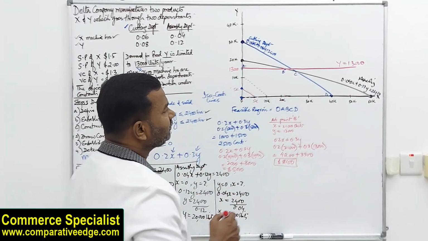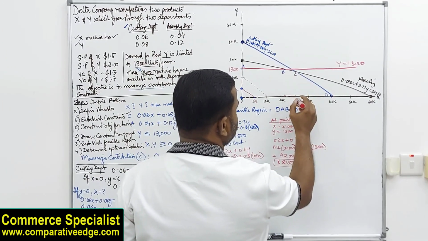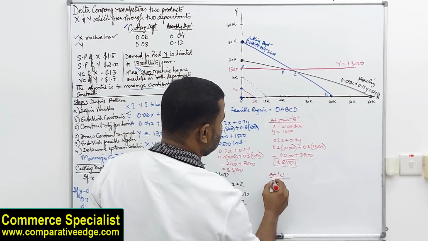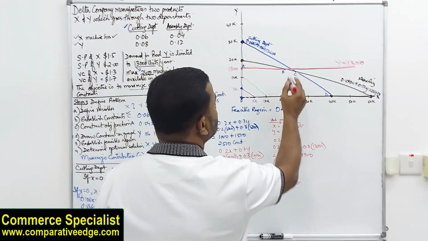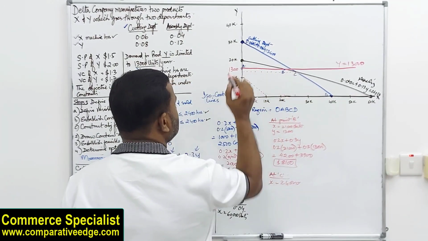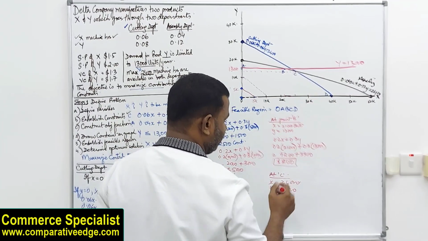At C, X is around 24,000. And if I take it here, Y is around 12,000 units.